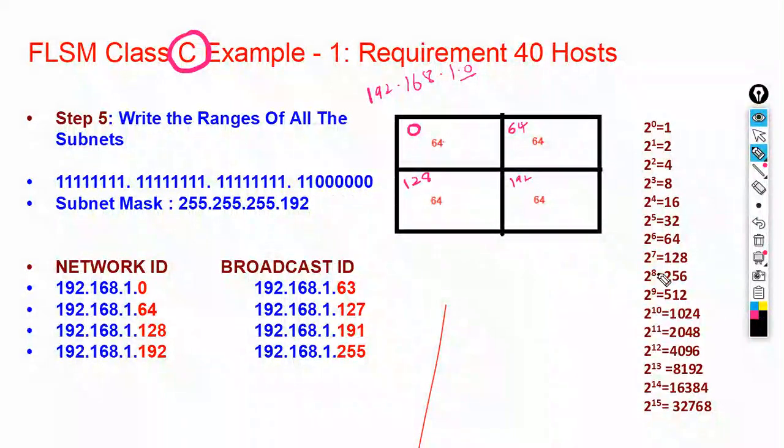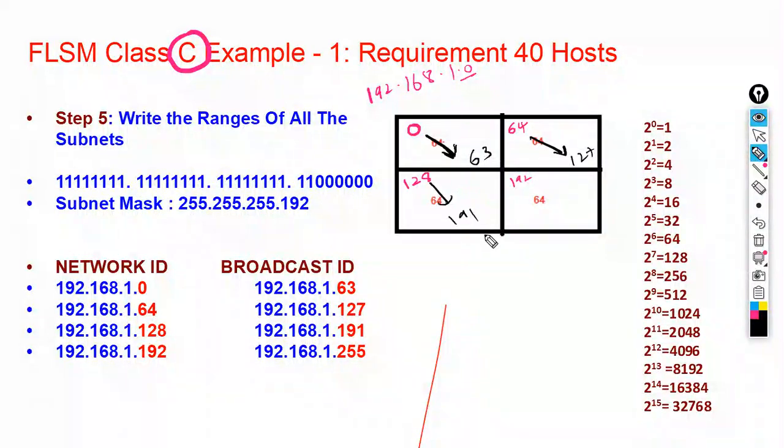So we have calculated the network IDs, right? Now let us calculate the broadcast ID. So guys, the broadcast ID is the previous IP address of the next network ID, or minus 1. 64 minus 1 is how much? 63. Okay, now what is the broadcast ID of the second subnet? 127.